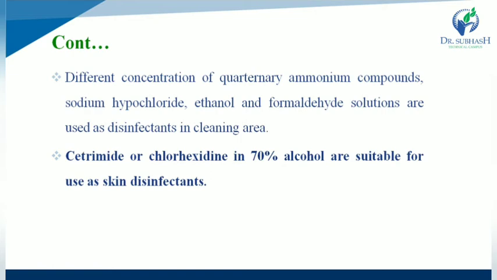So these are all examples of disinfectants and are used in the cleaning area to maintain aseptic conditions, while cetrimide or chlorhexidine containing 70% alcohol are most widely used for skin disinfection.